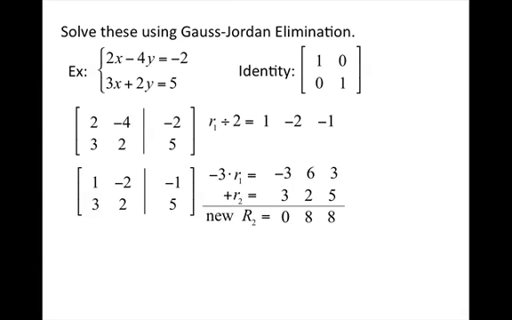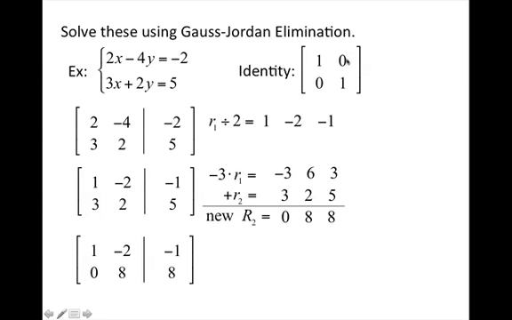So my new row 2 is going to become 0, 8, 8, and row 1 is going to stay 1, -2, -1. Now I have the 1 and the 0 in row 1 that I wanted. So I move on to row 2.